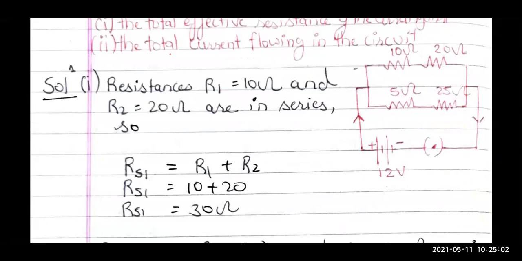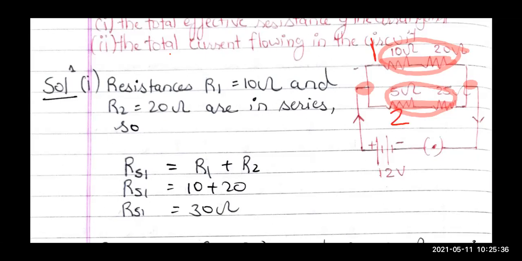So children, here if you see, these two are connected in series, one after the other. These two are also connected in series, one after the other. And then these branches are connected in parallel to each other, between two common points, A and B. So first we will find the resultant of the first series branch, and then the resultant of the second series branch. Suppose this is the first branch, this is the second branch.